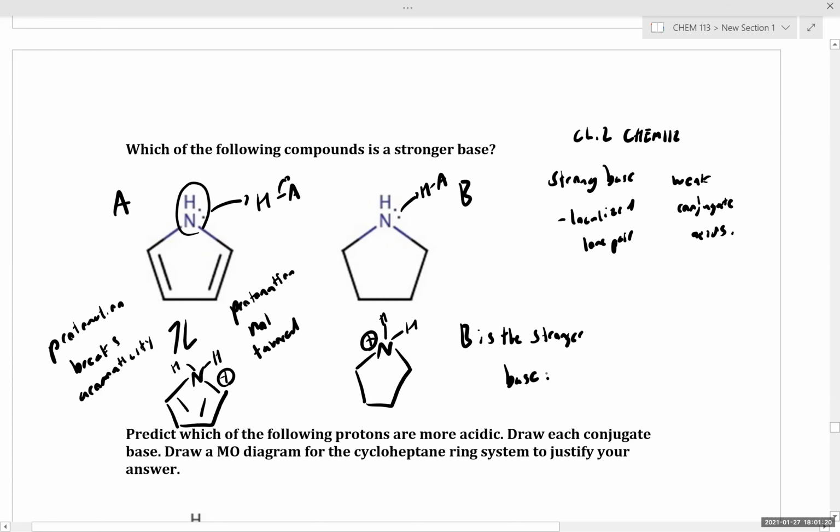Does that idea make sense? Any questions on this example? Does this make sense to everyone now?